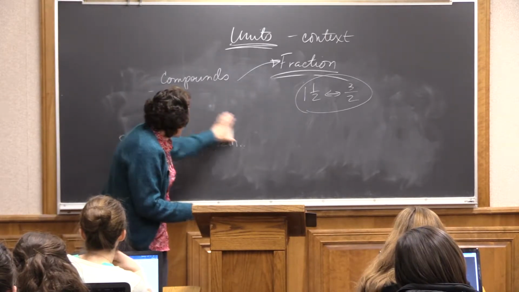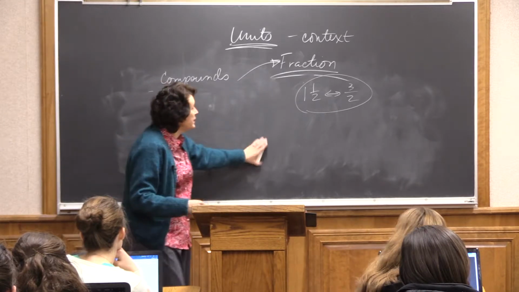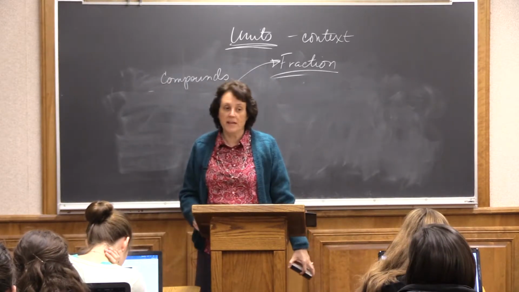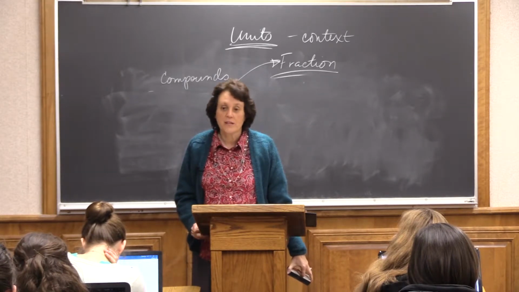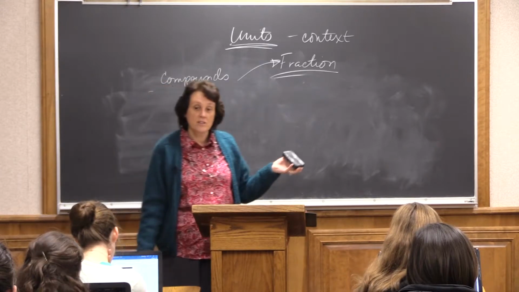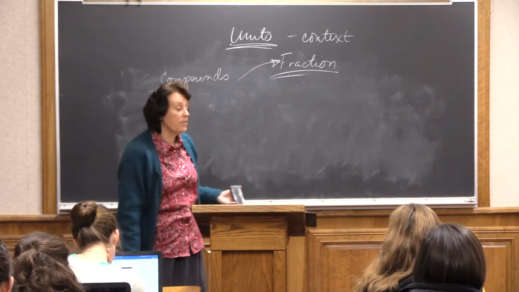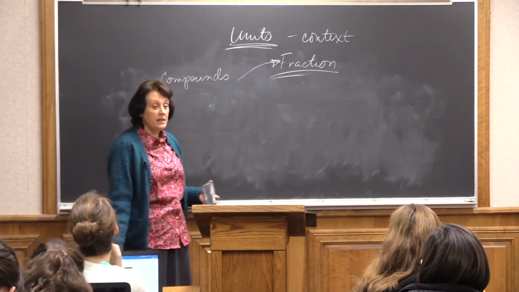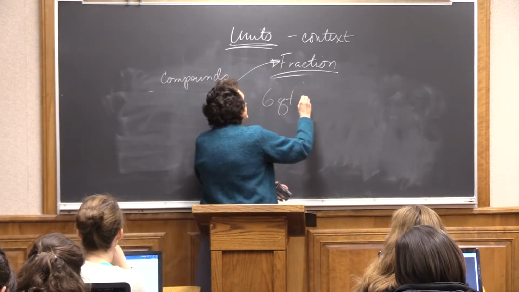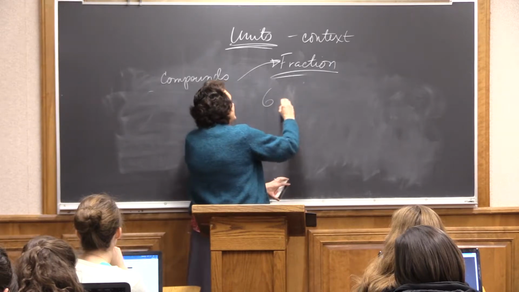All right, so with our compounds, can you manipulate your compounds just like you had to learn to manipulate fractions, whole numbers, and improper fractions? Can you convert between compounds to the larger unit and so forth? So let's say I have 6 gallons, 2 quarts.